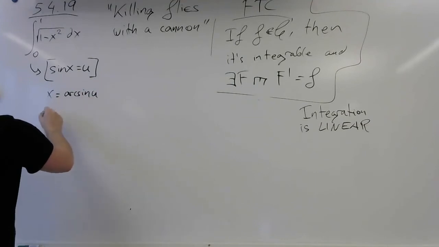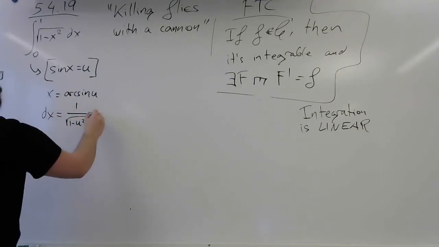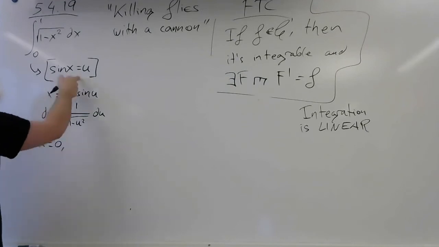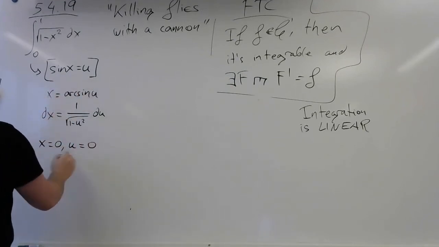x is the arcsine of u, so dx is 1 over square root of 1 minus u squared du. When x equals 0, u equals 0.